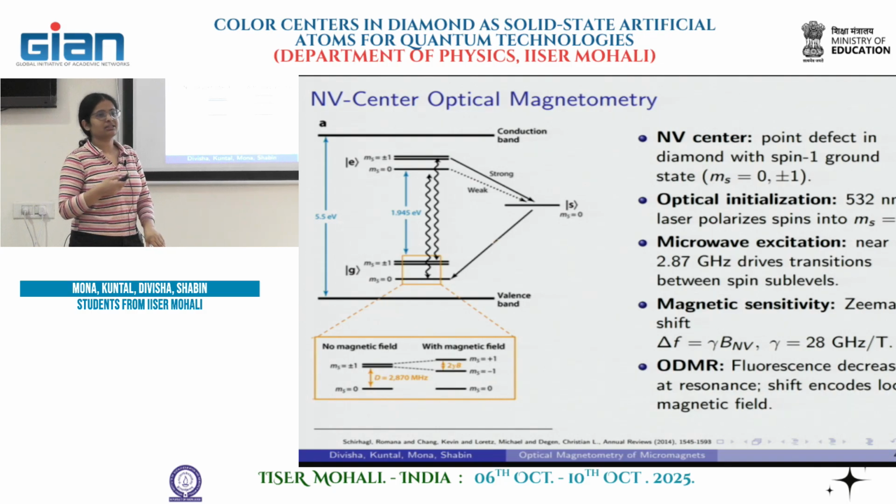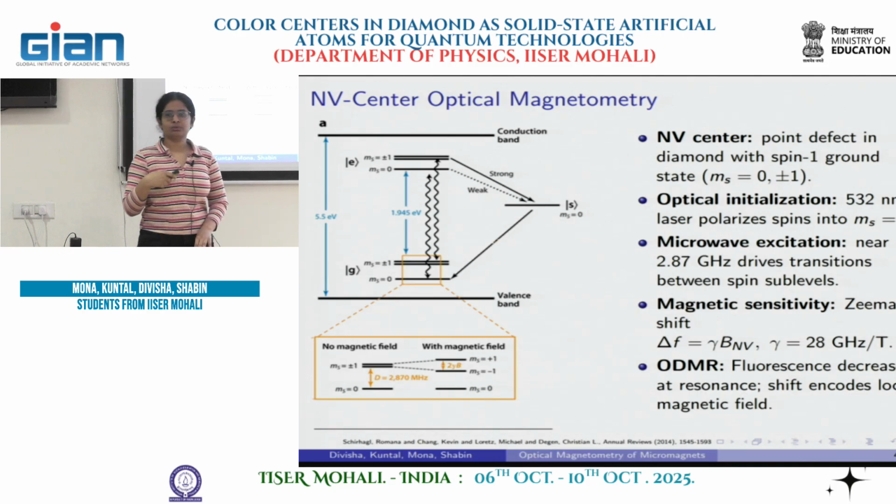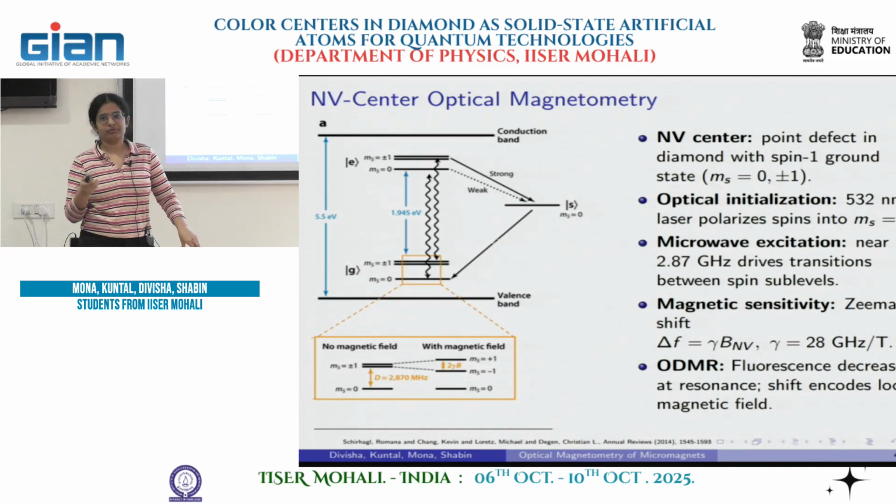So we can sense the change in fluorescence if we do a transition from lower to higher state, and that we can do because the energy of this transition is of the order of gigahertz range.